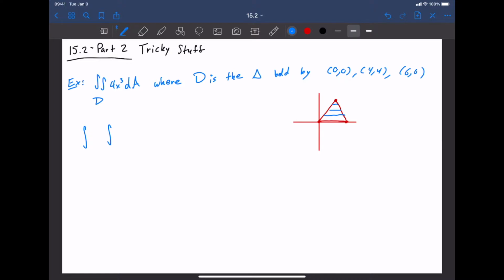So if I'm going left-right first, I'm going to do 4x cubed, dx, then a dy. Because I'm trapping the x values first, then I'm going to handle the y stuff. And it's also easy to see, because we already know where that point is, that we're going to go from 0 to 4 on our y surface.